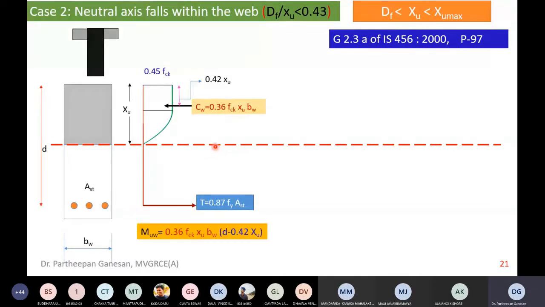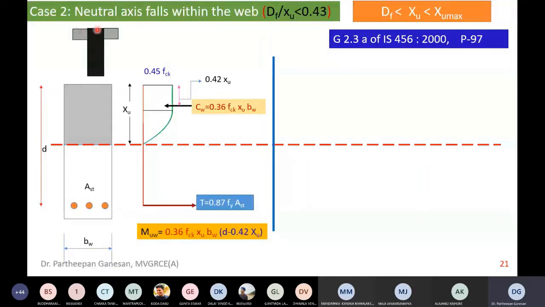Now, the moment carried by the web alone is, you take moment about this point. 0.36 fck xu bw is a compressive force multiplied by this distance, d minus 0.42 xu, that is this. So this is the moment taken by this web portion alone, or you can say this complete web portion.